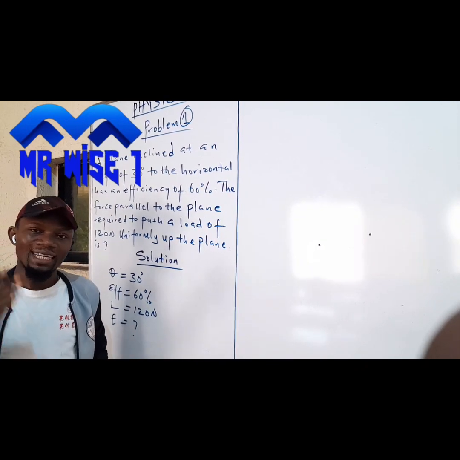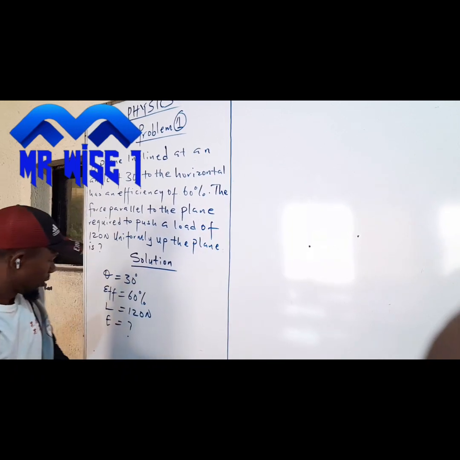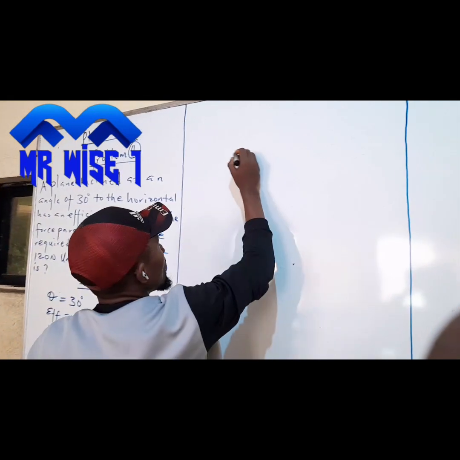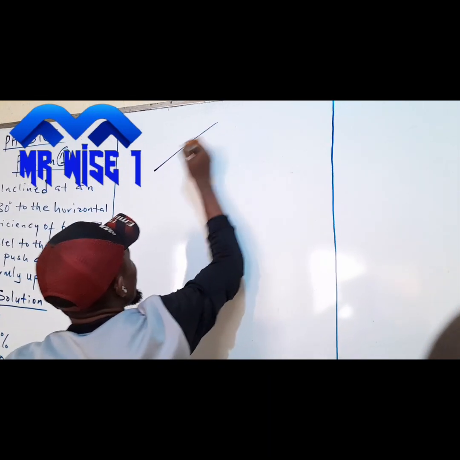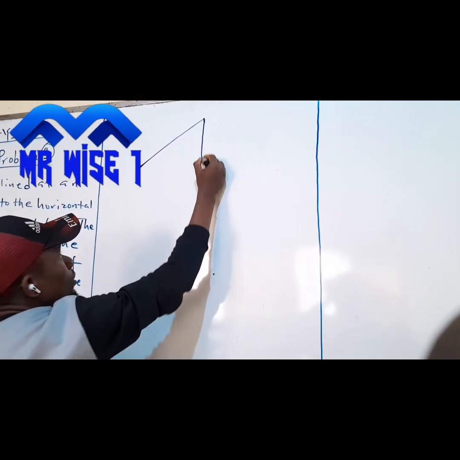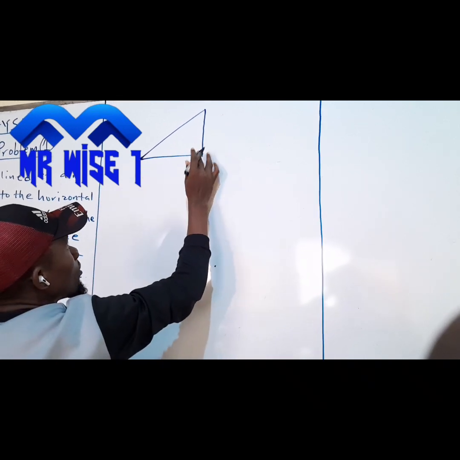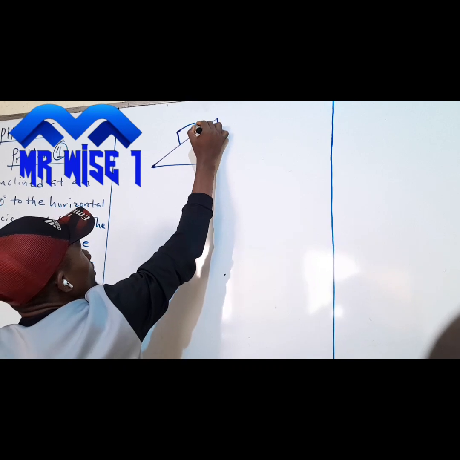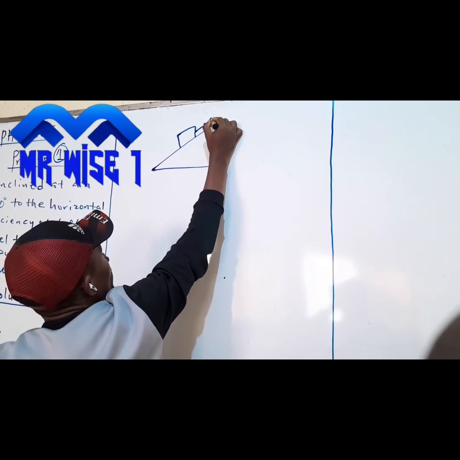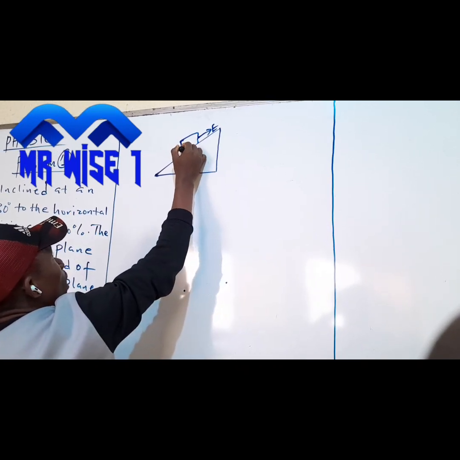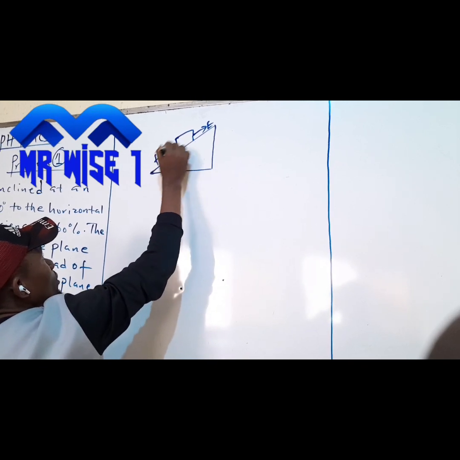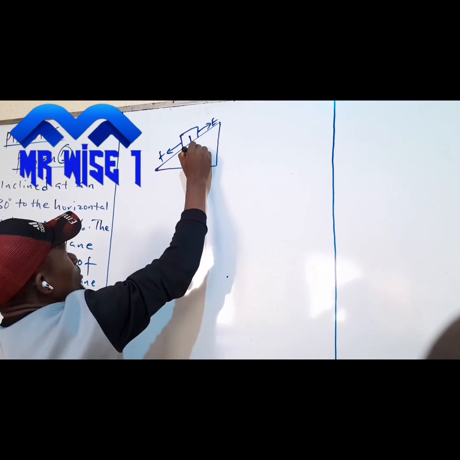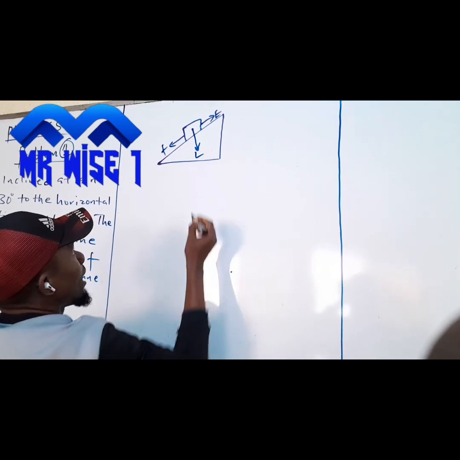So strictly on an inclined machine. Am I communicating? Inclined machine. When you have something like this, okay? So this is the effort we're looking for, and this is the frictional force, this is the load that is being given.